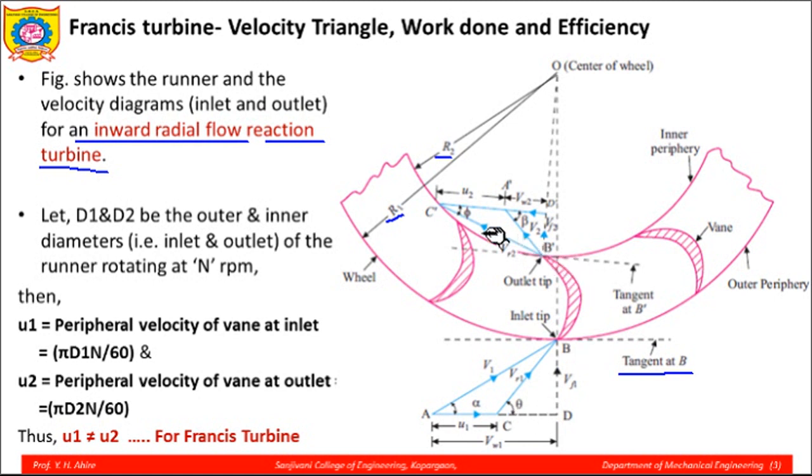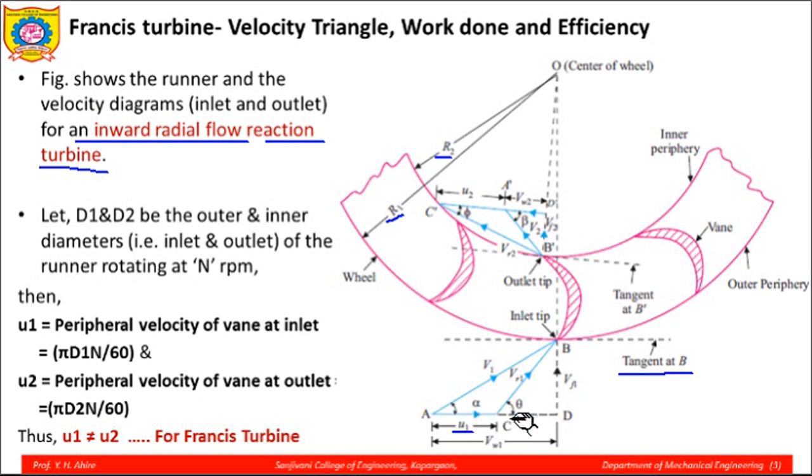Similarly, VR2 will be tangential to the vane at the outlet tip. So this is VR2. Okay, relative velocity at outlet. Now if suppose the wheel is rotating in an anti-clockwise direction, then we plot U1. U1 is the peripheral velocity, circumferential velocity at inlet.